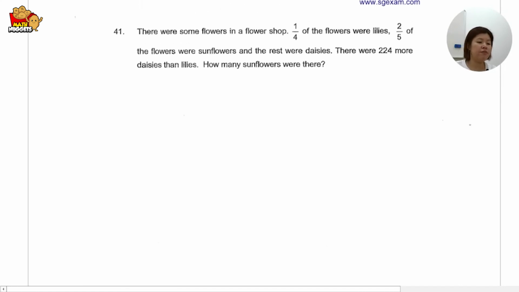Fractions now. There were some flowers in the shop. 1/4 of the flowers are lilies and 2/5 of them were sunflowers, the rest were daisies. There were 224 more daisies than lilies. So first thing, before we can do, we need to make our fractions have the same denominator. So I times 5, I times 5. This one times 4, times 4.